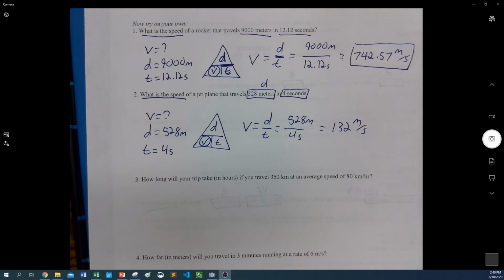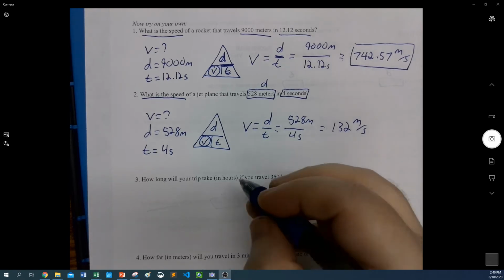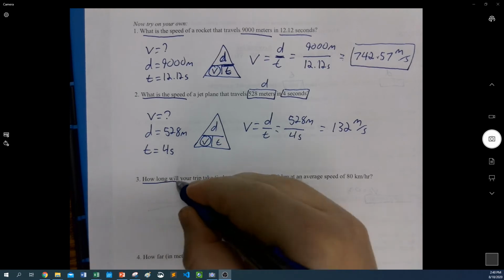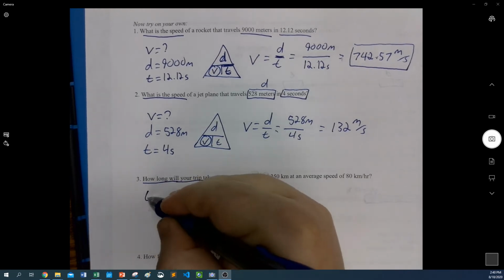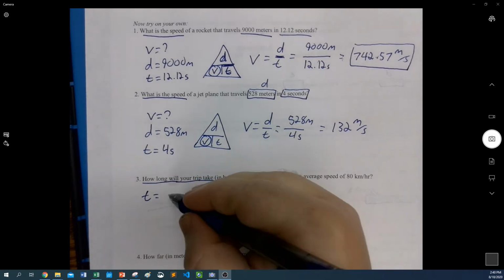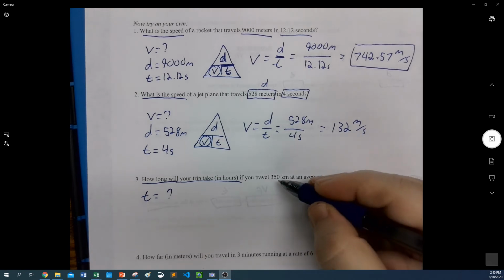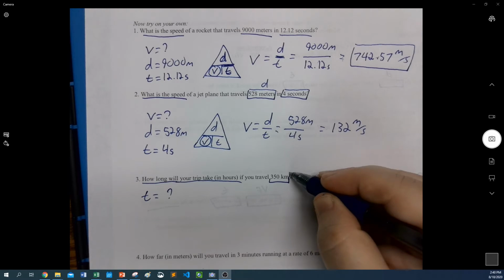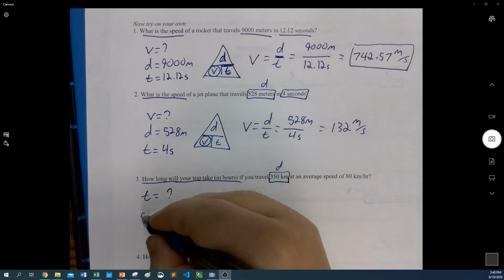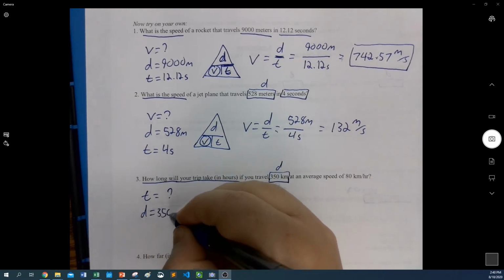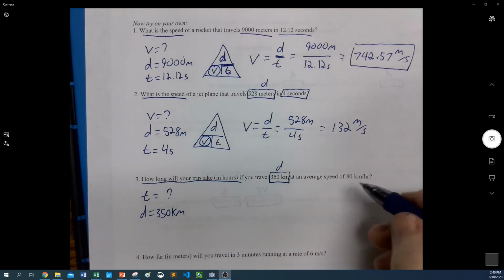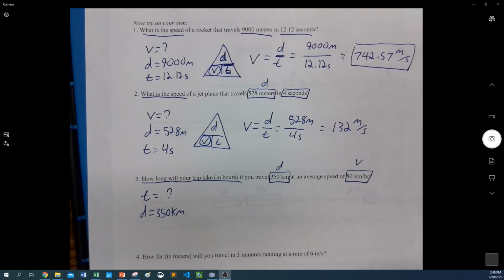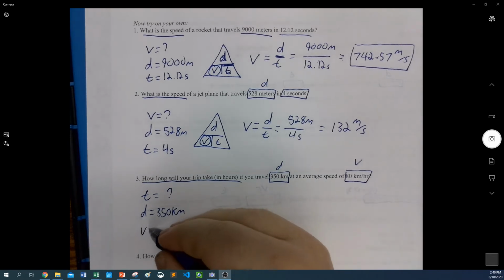Alright. Number 3. Let's see if everyone did it. How long will your trip take in hours? So time we're solving for. If you travel 350 kilometers, that's your distance. With an average speed of 80 kilometers per hour.